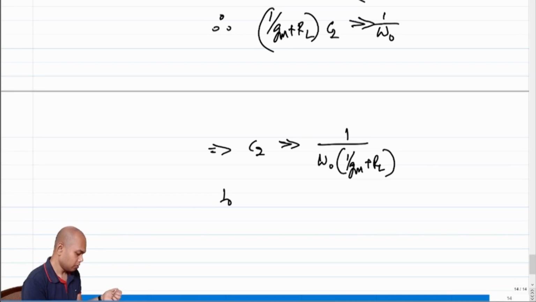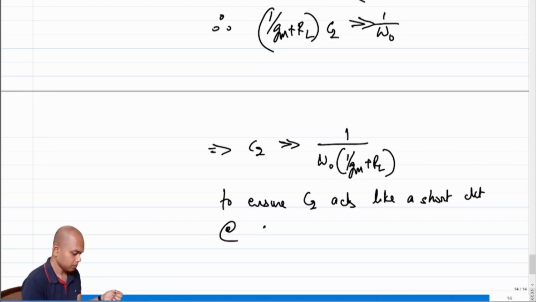To ensure C2 acts like a short circuit at omega naught, right? Okay.